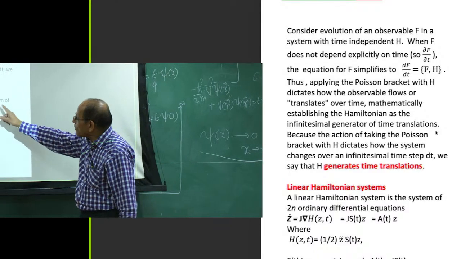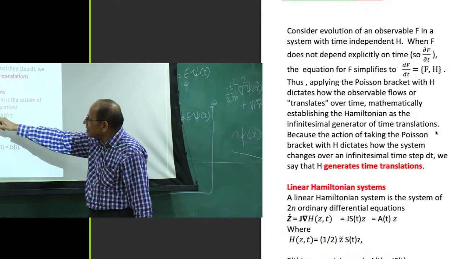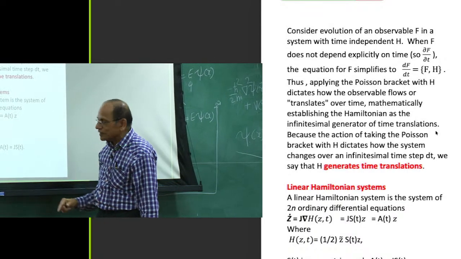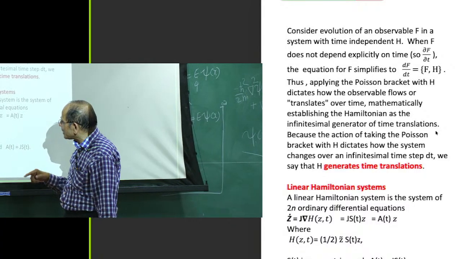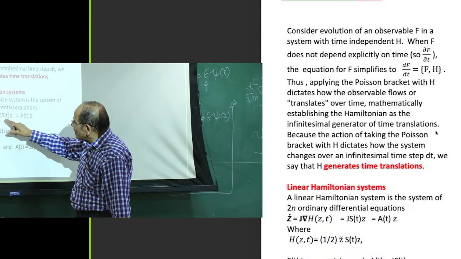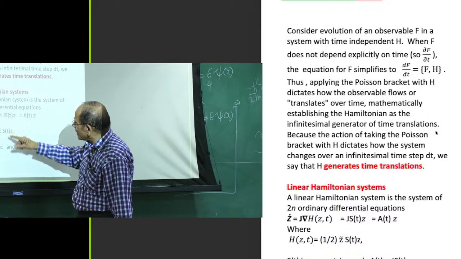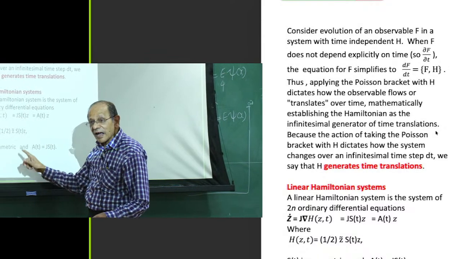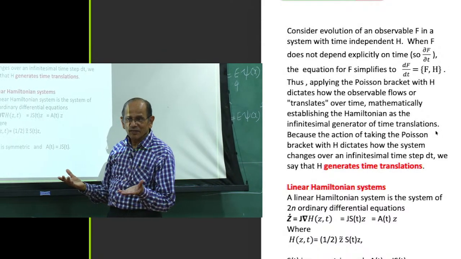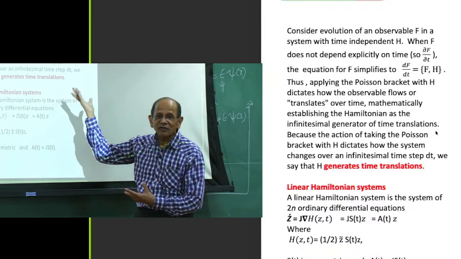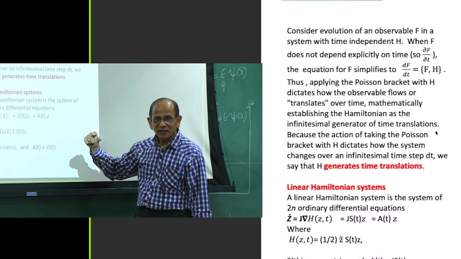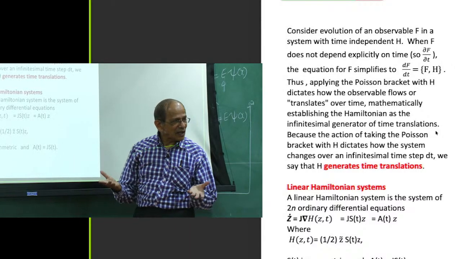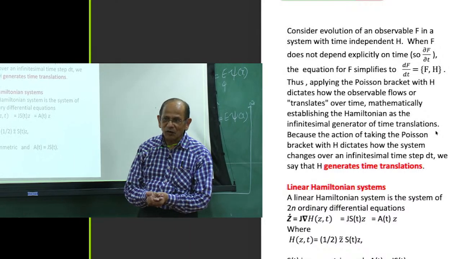So a linear Hamiltonian system is a system of 2n ordinary differential equations. Again, z dot is J into gradient of H, where Hamiltonian has to be quadratic. Why? Because otherwise the equation will not be linear. Gradient has to be linear.